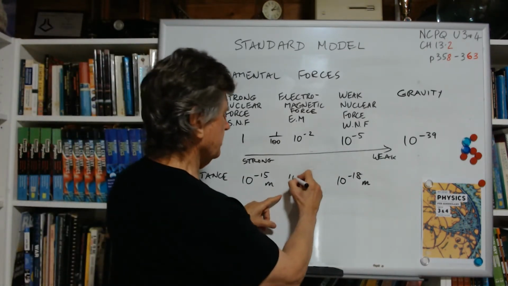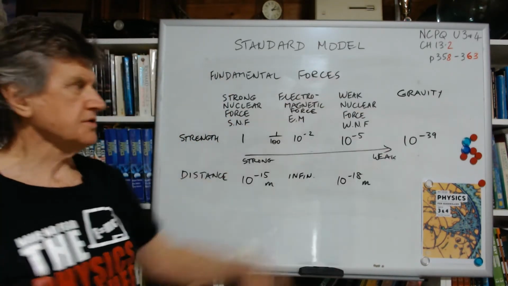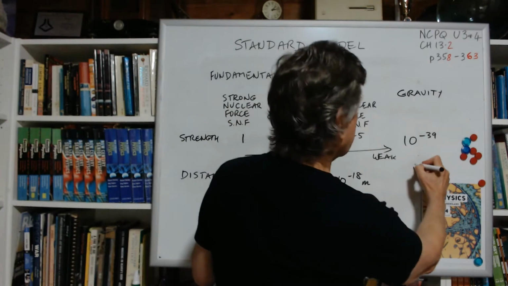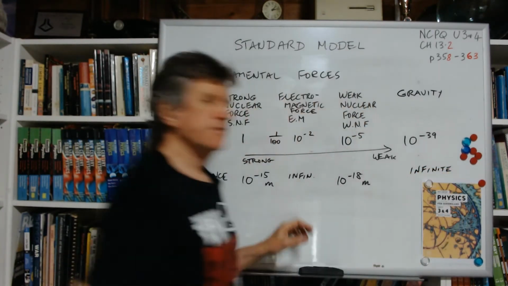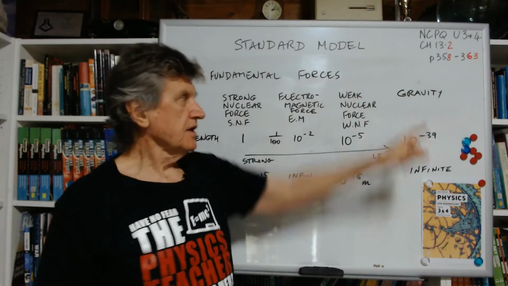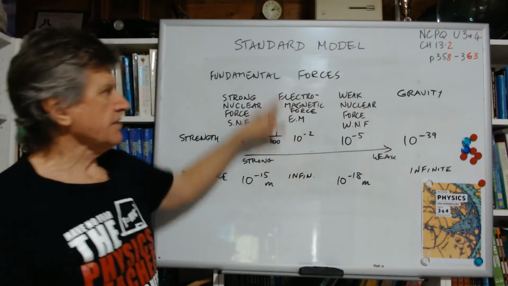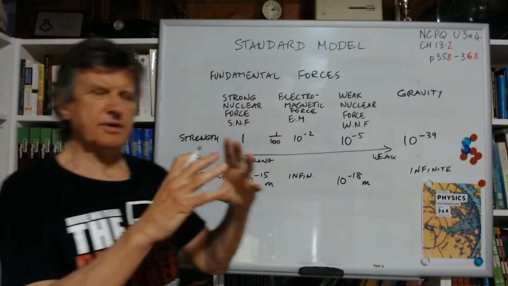This one is infinite. It operates from one edge of the universe to the other. And this one here, gravity, is infinite as well. From one edge of the universe to the other edge, gravity will apply. Same with the electromagnetic force. The trouble is it's often shielded by other particles in between.